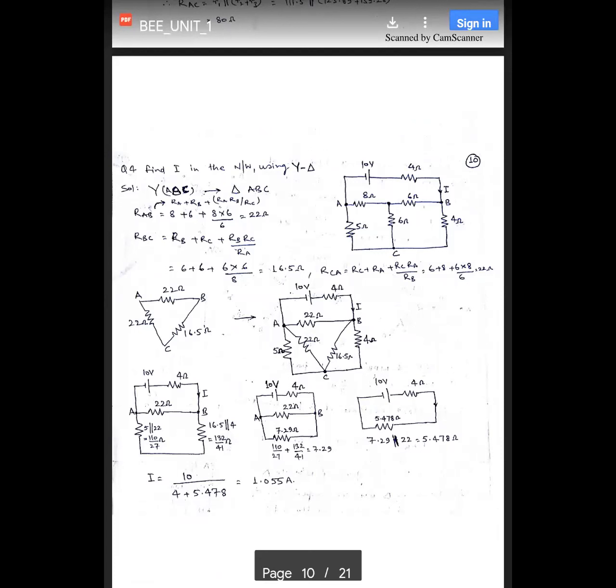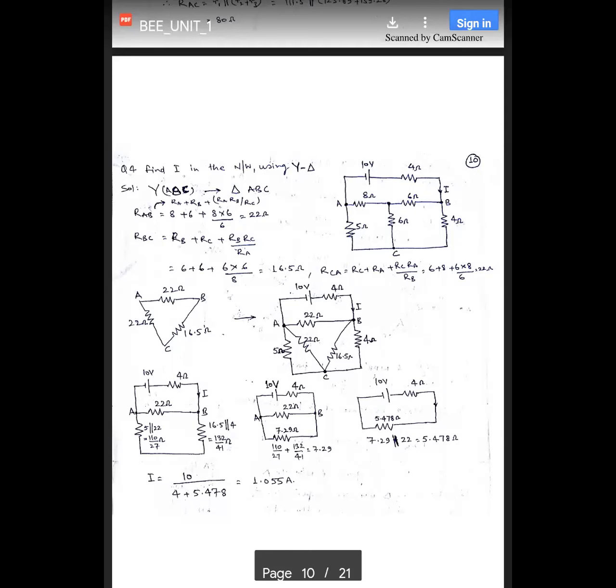Either it can be to calculate the effective resistance, effective current, effective voltage drop, or the voltage drop across any one resistance, or the whole resistance, or the power consumed. The numerical can be in any of these forms. So here we have to calculate the current using the star delta transformation.